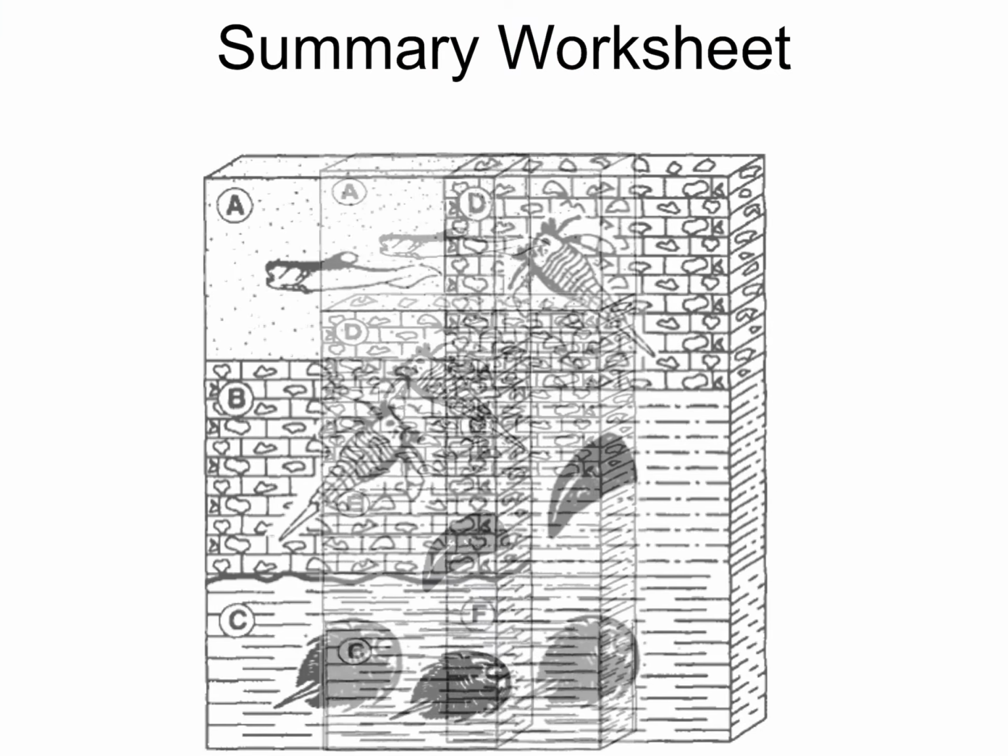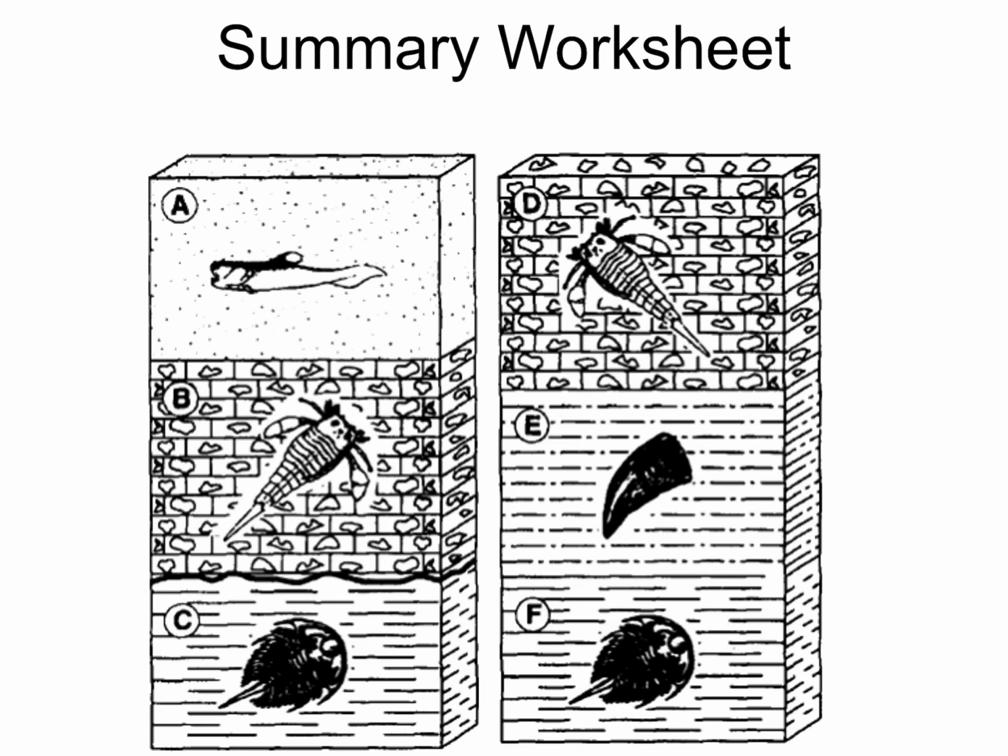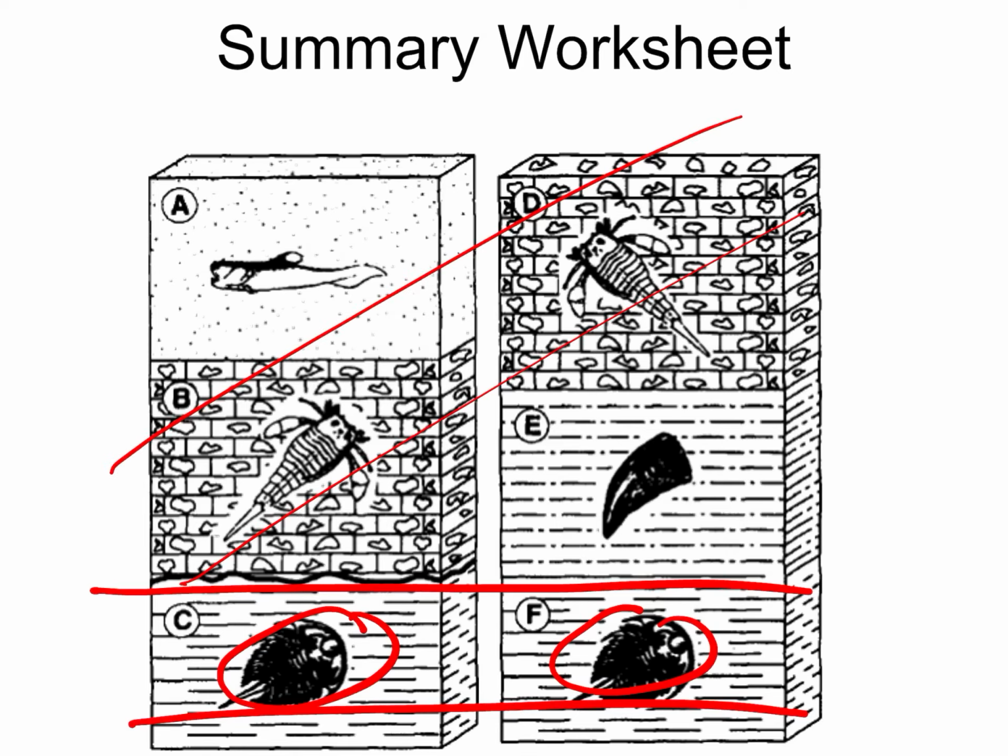The first question said, in which sequence are the rock layers listed in order from oldest to youngest? Well, the first thing you should do is match up your matching layers, all right? Match them up. If this and this have the same fossil, then you know that they're the same. So that means E is right in between here.